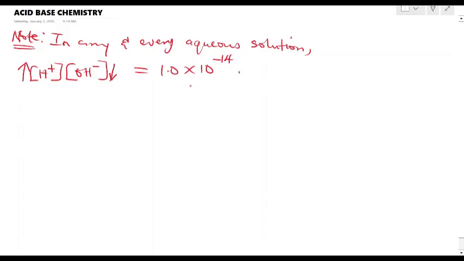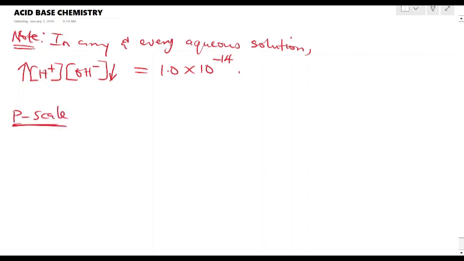In other words, if the concentration of H plus increases for any reason, the concentration of OH minus decreases, such that their product stays equal to the equilibrium constant. Their product does not change. If one goes up, the other comes down. So let's introduce something we call the p scale.